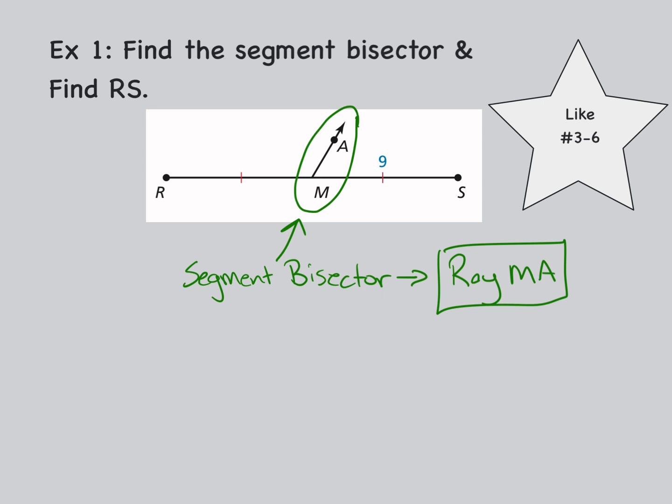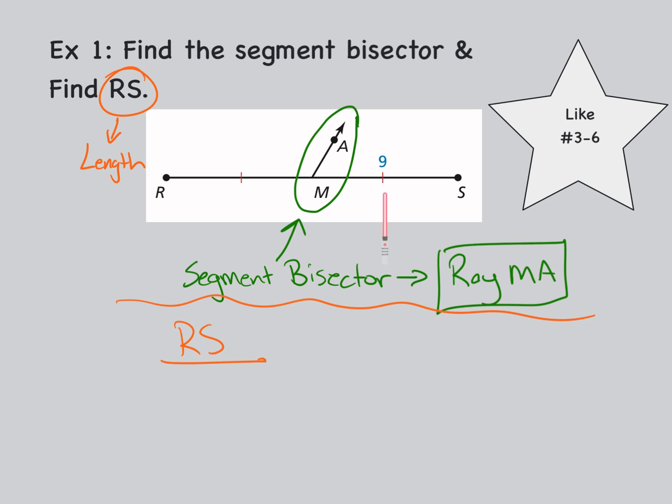All right, next. It said find RS. What am I looking for there, Mandy, when it wants just RS with no symbols? Yep, the length of it, right? So we're looking for length. So I need to find what RS equals.